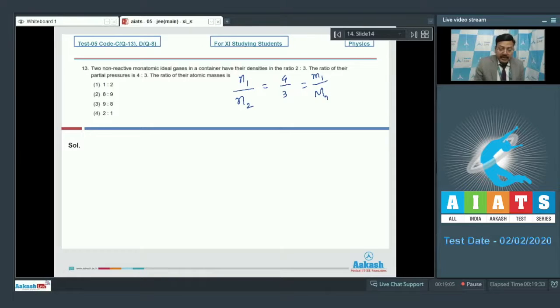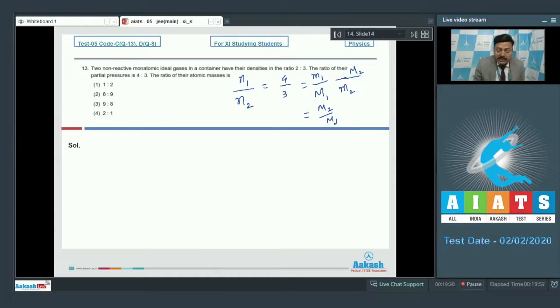So 4/3 will be in this ratio, small m1 by capital M1 divided by small m2 by capital M2. So capital M2 goes up, and let's further write the expression on the right hand side in this form. So m1 by m2.